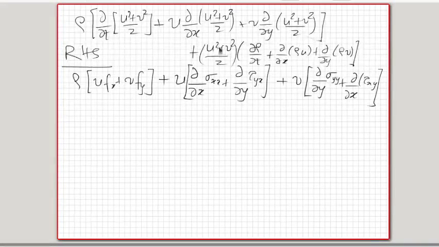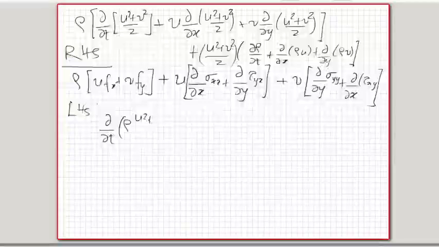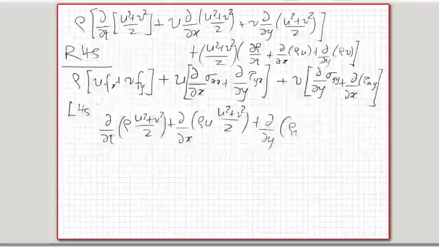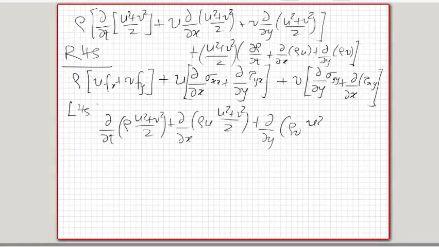So I'll then get this left hand side as del by del t of rho into u squared plus v squared by 2 plus del by del x of rho u into u squared plus v squared by 2 plus del by del y of rho v into u squared plus v squared by 2.